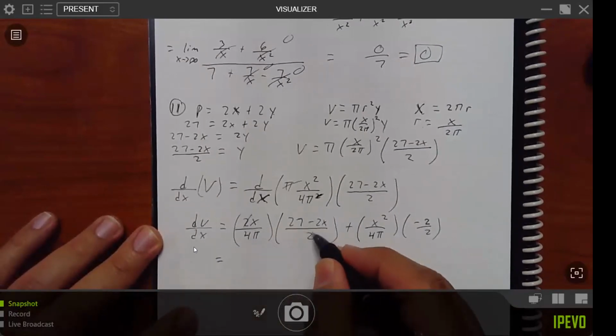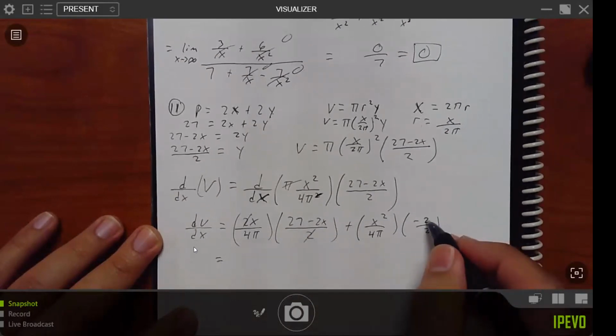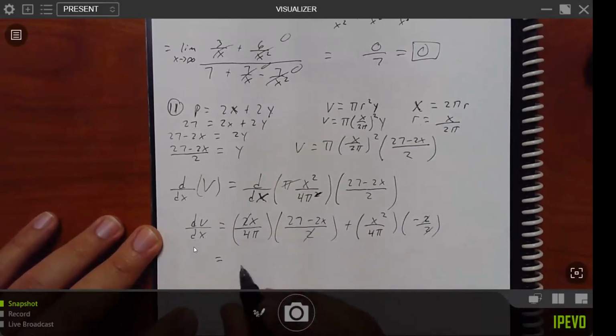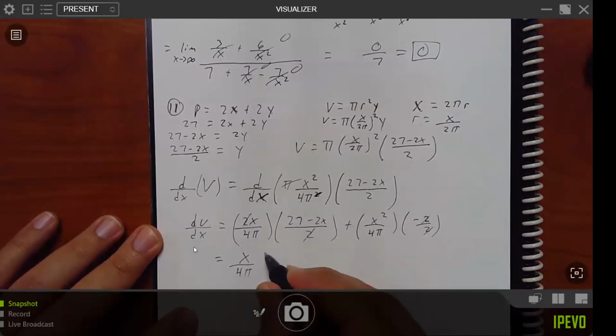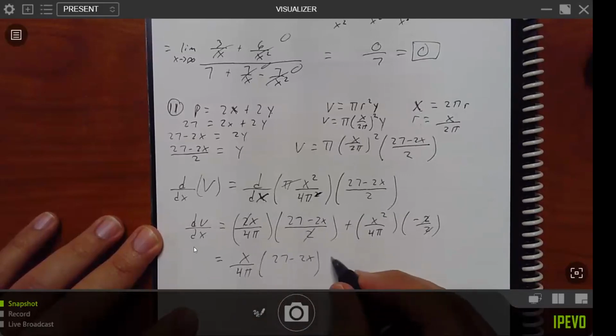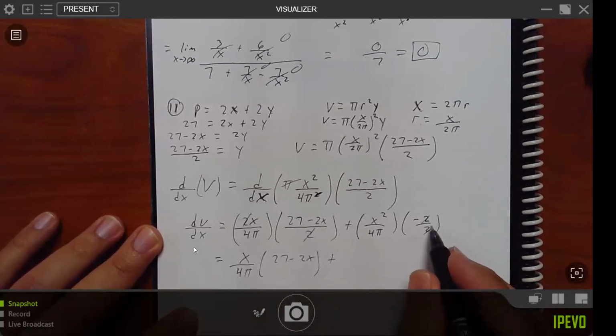This will cancel with that 2. These will cancel. So I'm left with x over 4 pi times 27 minus 2x plus negative 1, right?